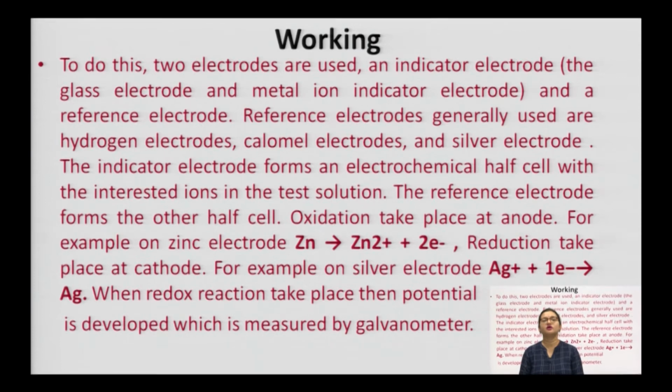When the redox reaction takes place, a potential difference is created between the test solution and the indicator electrode, which is measured by the galvanometer as a potential difference or voltage difference.